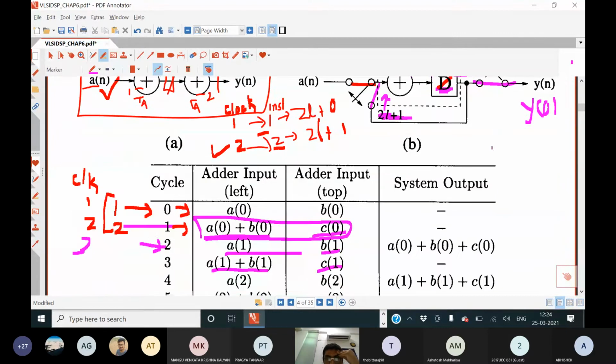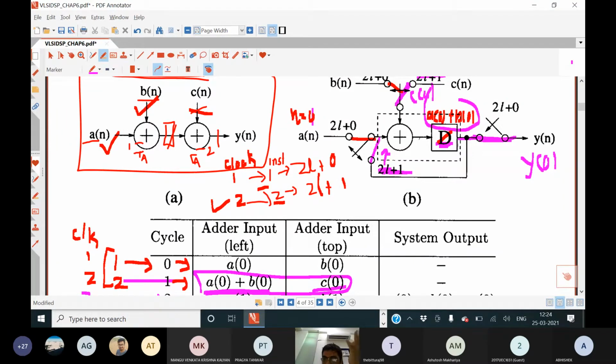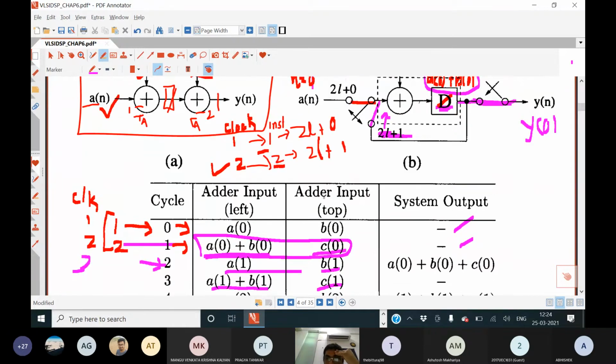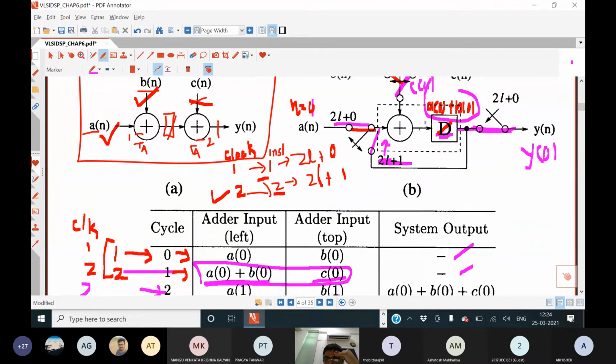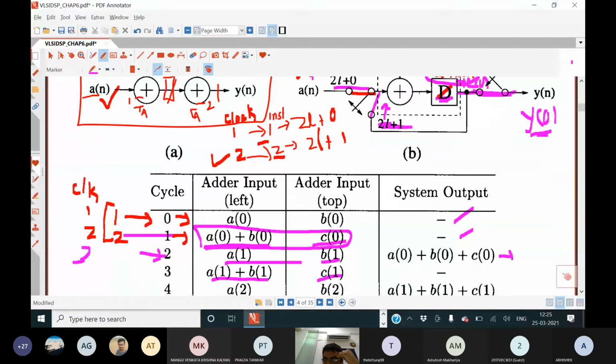Okay. So at first, when you are starting the first instance, nothing is stored over here. If you just close this switch, when A0 and B0 are applied, at that time nothing is stored in the D flip-flop, so there is no output over here. But when the second instance is being executed, the value being stored over here, A0 plus B0 plus C0, at the end of the second clock will be available as Y0 over here.